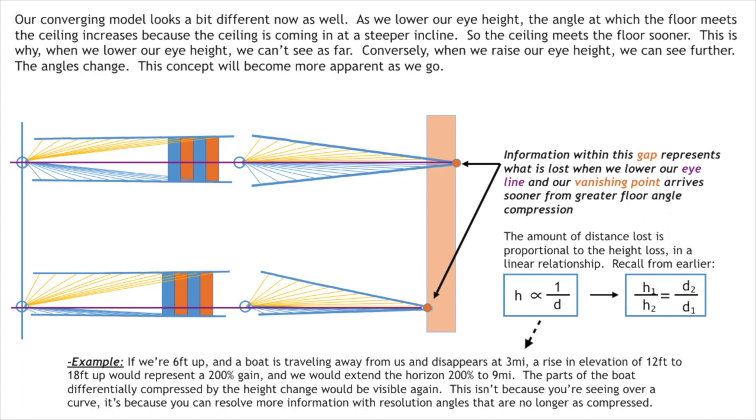But this isn't because you went over and saw something over a curve. You're not tilting your camera down to see it again. It's just because you've decompressed those lower visual angles, and you've resolved the item again. You've extended your horizon a little bit further, so you can resolve more within your visual field.